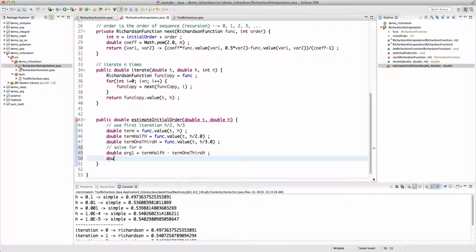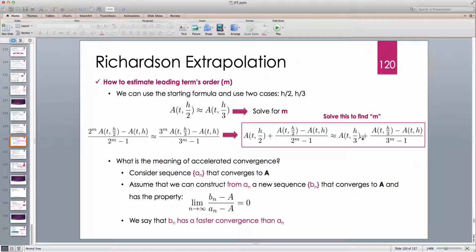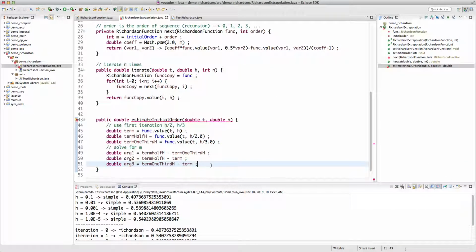Okay, and then double arg2 is term half h minus term h, and double arg3 is term 1/3 h minus term h. Okay, so basically I brought this to the left side, I calculate this one and this one, and now I have to solve my equation. And the equation is something like this.